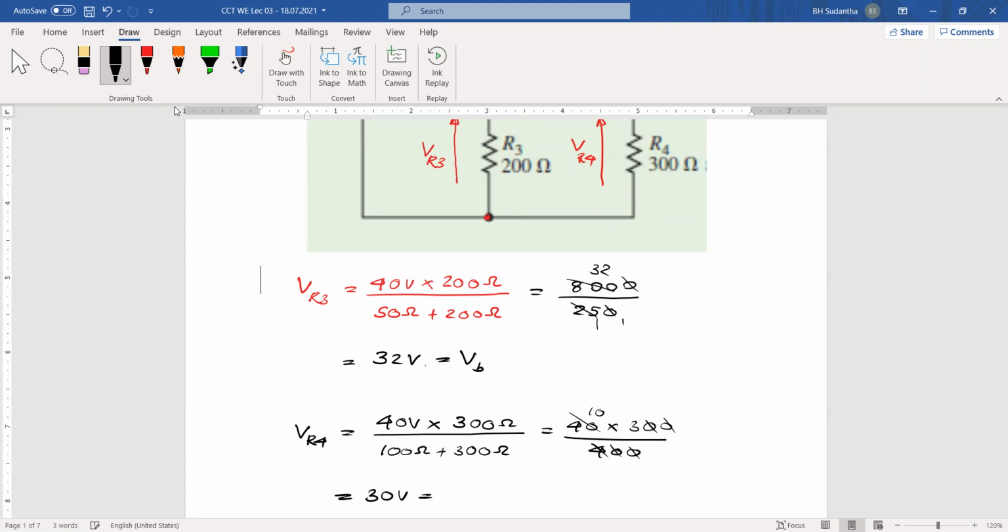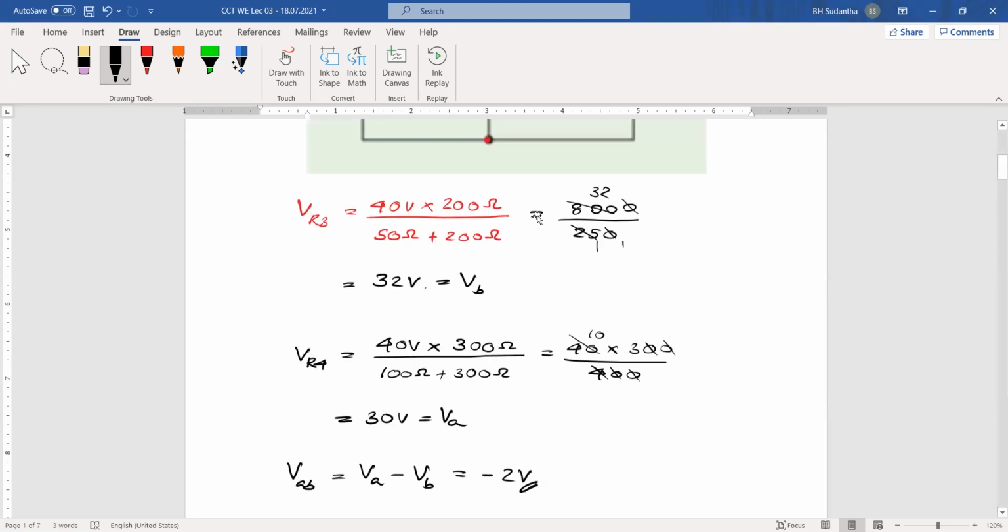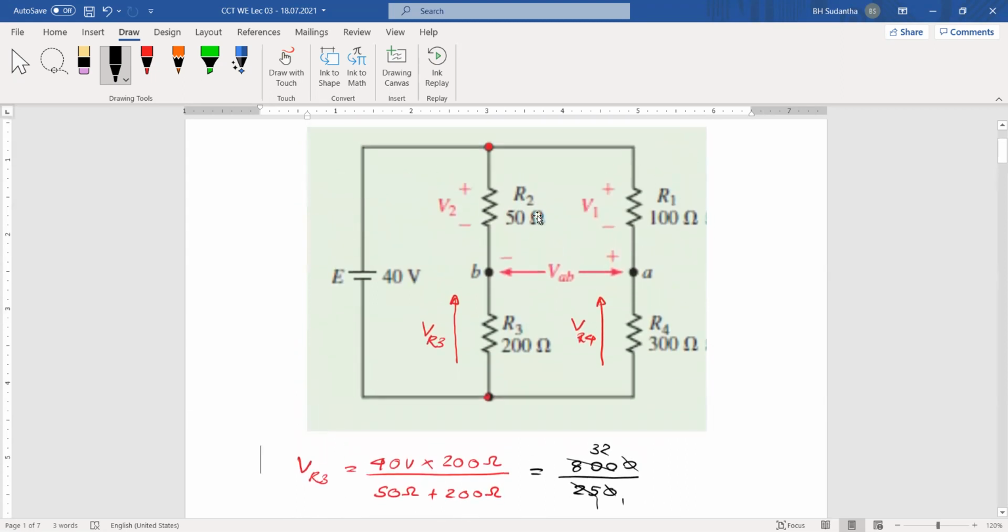This is 30 volts and this is VA. VAB means VA minus VB. Then it's minus 2 volts. Is it okay?